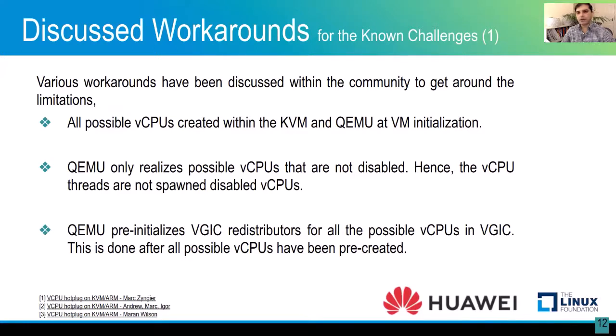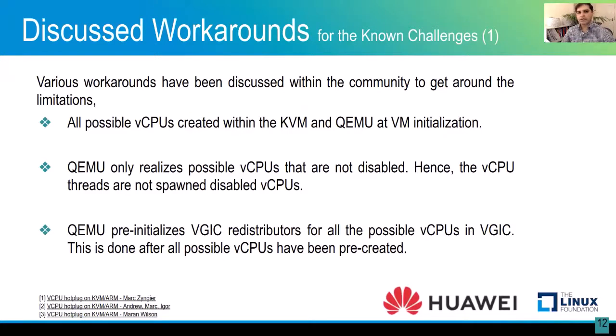Now remember, the realization of a vCPU means that the threads also get spawned, right? But as per the new changes, the threads are not spawned for the disabled vCPUs. So we save a bit in that as well. And that helps in fitting the changes neatly within the way QEMU works as of now for the normal case as well, without the CPU hotplug case.